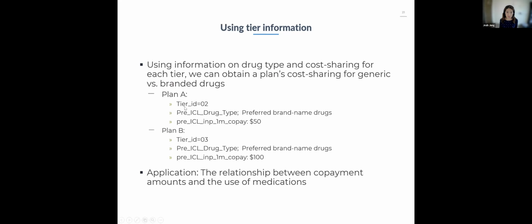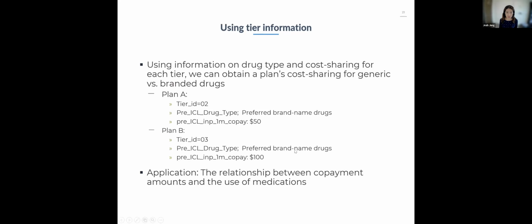So for plan A, for example, in tier 2, they had preferred brand name drugs, and the co-payment amount for 1 month, just picking 1 month of in-network pharmacy during the pre-ICL period, was $50. Plan B put these preferred brand name drugs in tier 3, and they charged $100 as co-payment for these drugs.